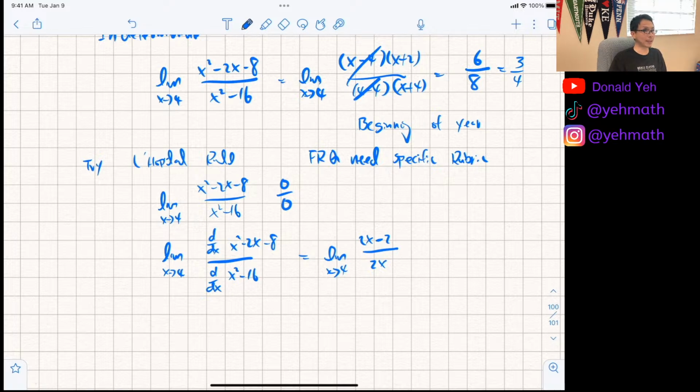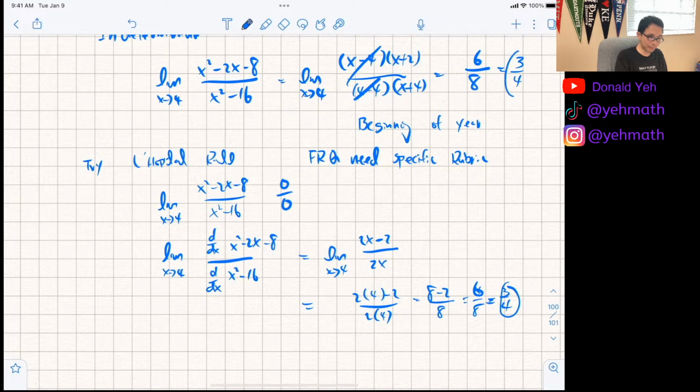Now, for those of you who are bad at math, you could probably think the 2x cancels out. They cannot cancel out. Do not cancel out. You're going to plug in 2 times 4 minus 2 over 2 times 4. That's equal to 8 minus 2 over 8. That's equal to, no, 6 over 8. That's equal to 3 over 4. Do you see they give you the same answer?